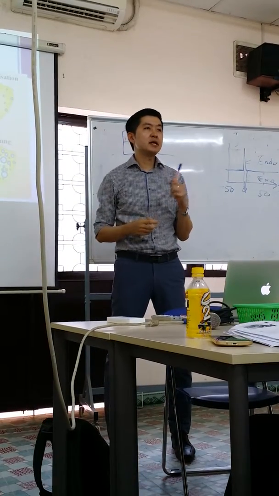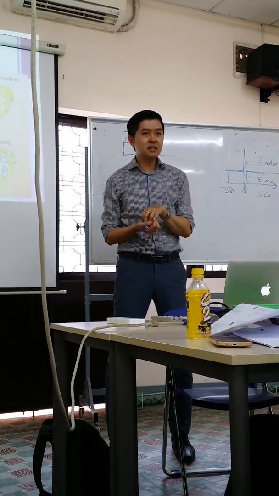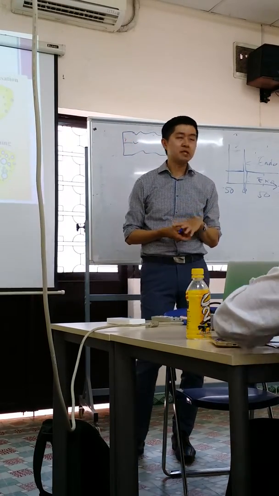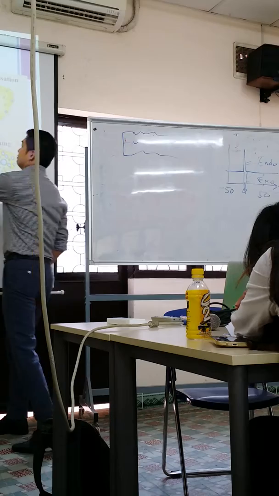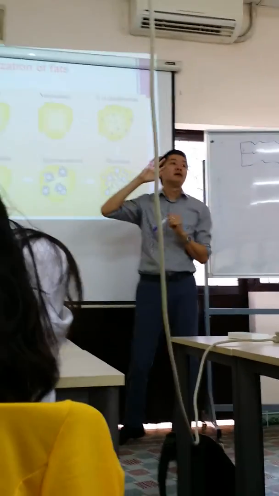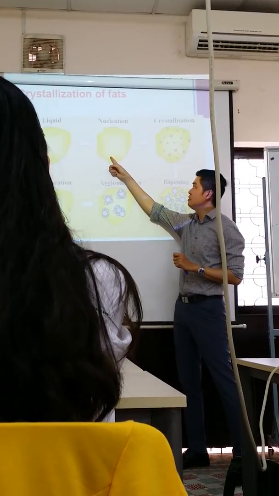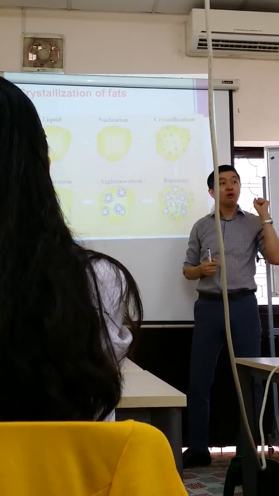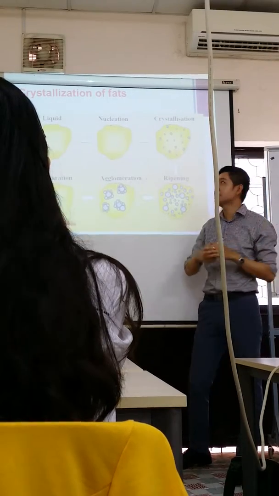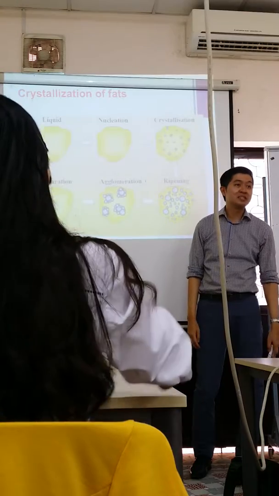Remember, when I say you have more MAG and DAG mixed in, they disturb the formation. They disturb this stage. DAG and MAG don't like the nucleus of fat. They will go and destroy it so that this stage takes a very long time if you have DAG and MAG.